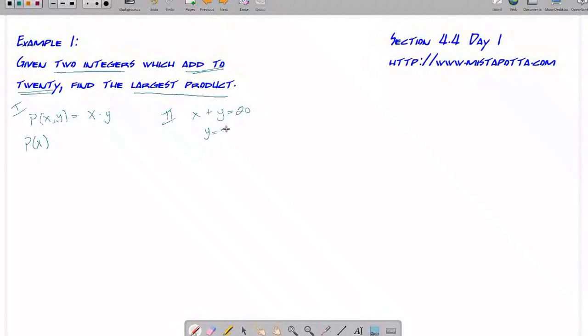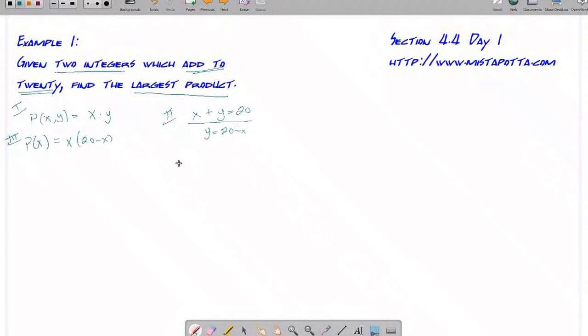Well, I know that y equals 20 minus x, so I could replace y with the expression 20 minus x. And so this is step 3. This is what I'm actually trying to find the maximum of. And I'm trying to find the maximum of this function because it's the product subject to the restrictions.